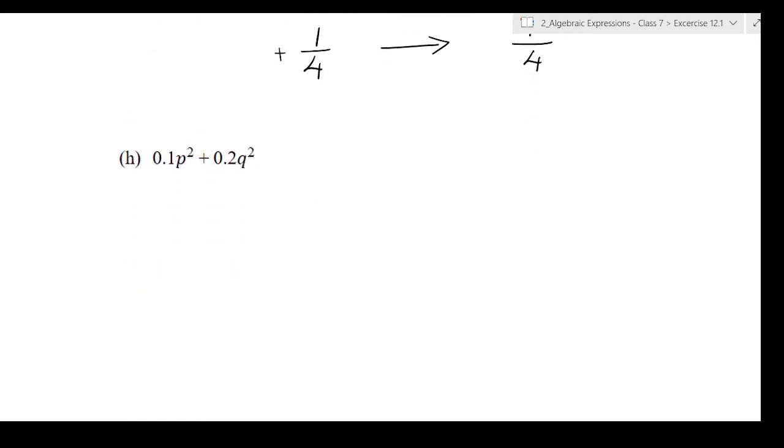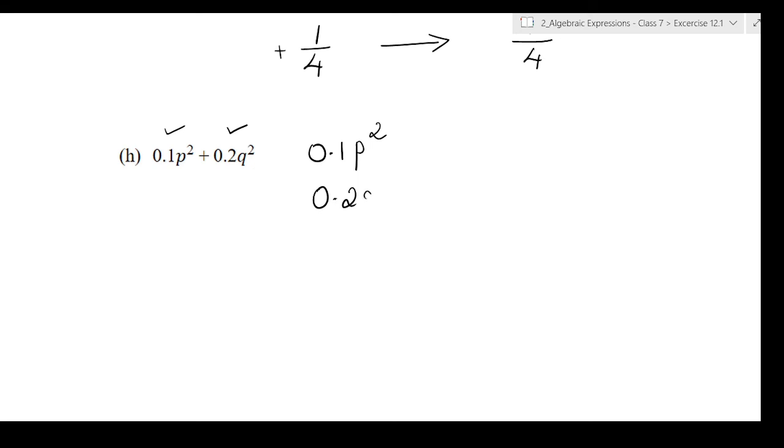Now the last problem again is in the form of decimals. So we have 0.1p square plus 0.2q square. This algebraic expression is also made up of two terms. The first term is 0.1p square and the second term is 0.2q square, right?